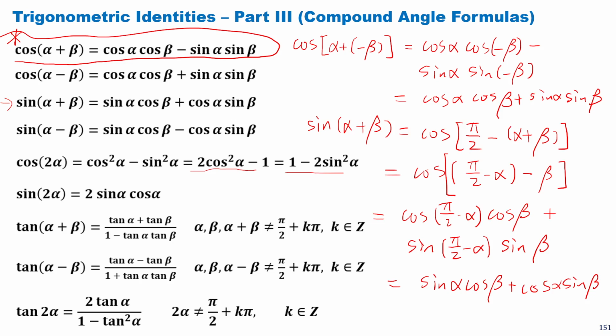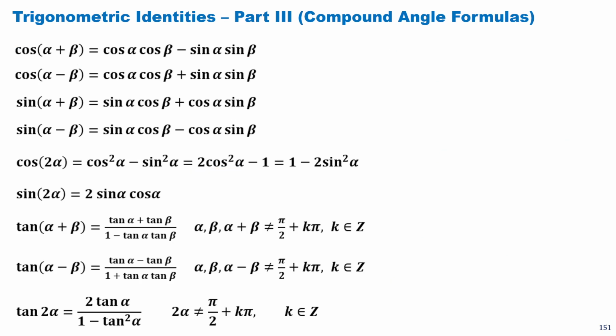And for tangent alpha plus beta, you can just use tangent alpha plus beta equals sine alpha plus beta over cosine alpha plus beta, and then use the compound angle formulas to expand that. So that's the third group of trigonometric identities.